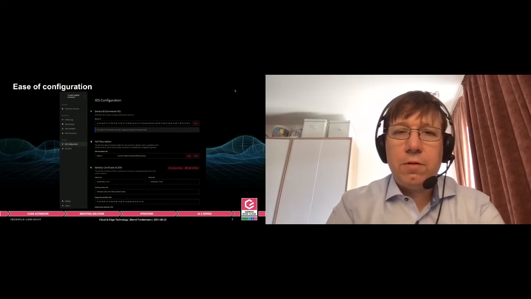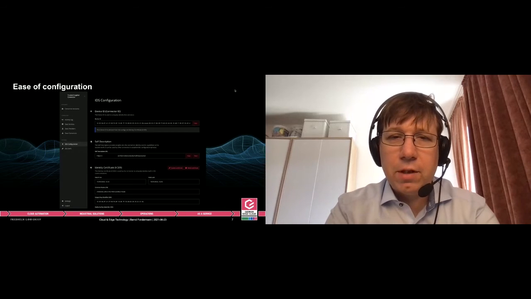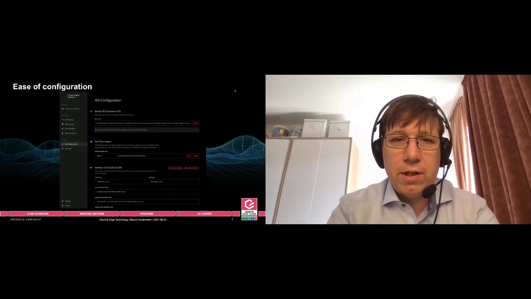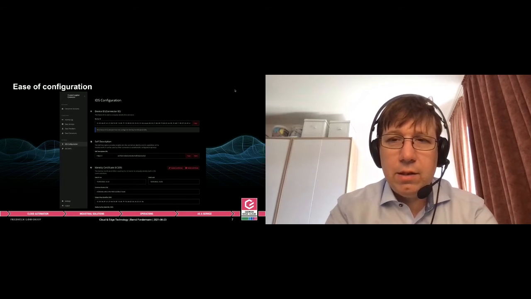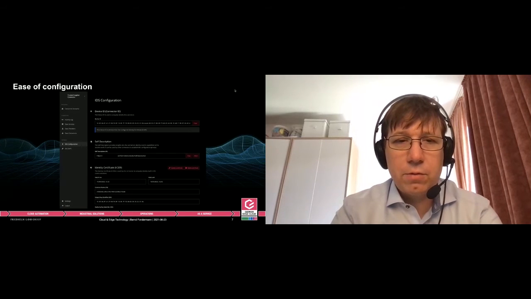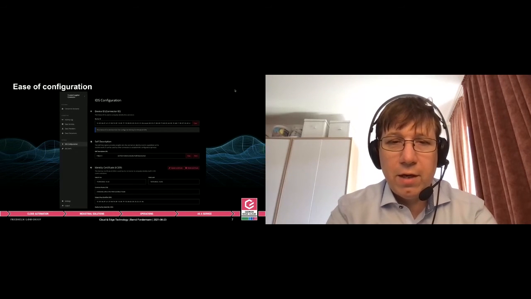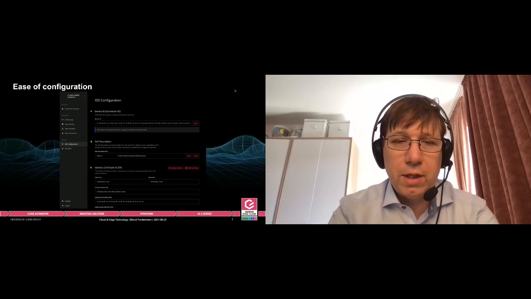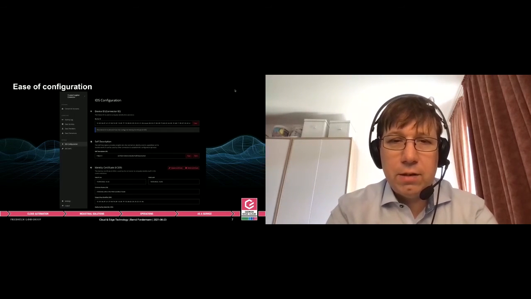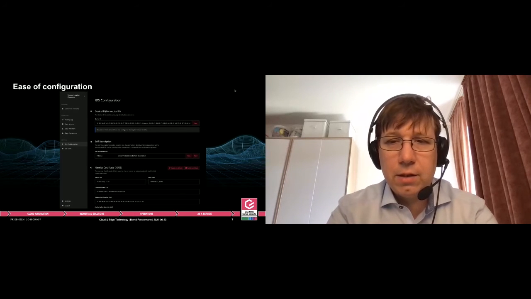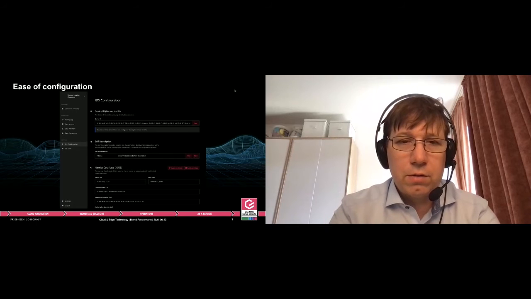So what does ease of configuration and operability mean, for example? As some of you might know, every connector has an ID. And this ID needs to be easily visible for the user. So this is one of the IDS configuration views we have for the user of our connector software. There you can see that, for example, the self-description URL is prominently displayed and can easily be called up to look into the self-description.